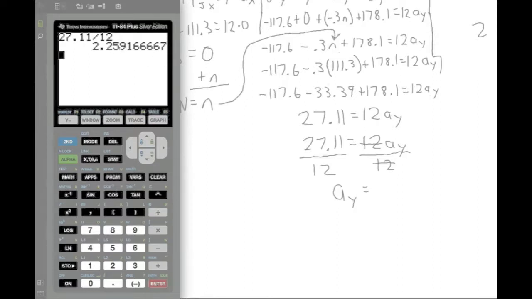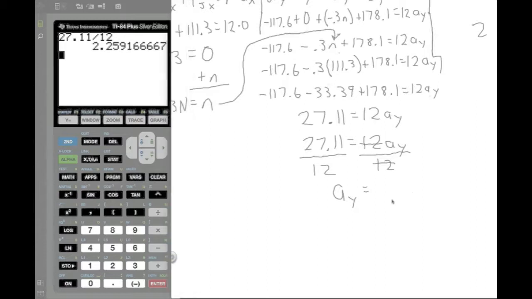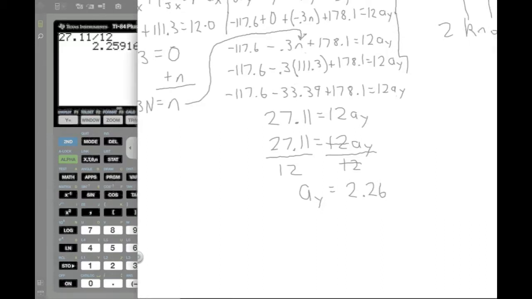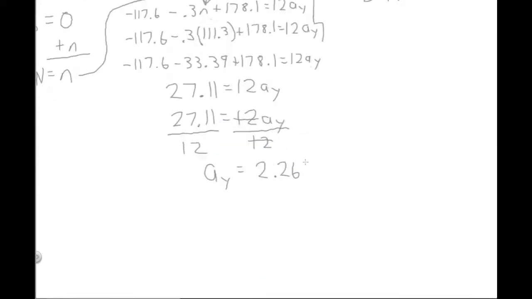Because this is a 9, I'll round this up to a 6, 2.26. And let's pause with this intermediate result. Let's put in some units. The SI units for acceleration are meters per second squared.